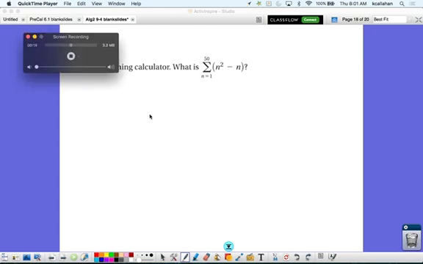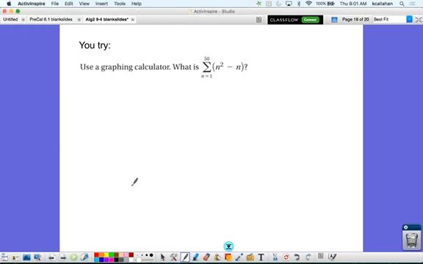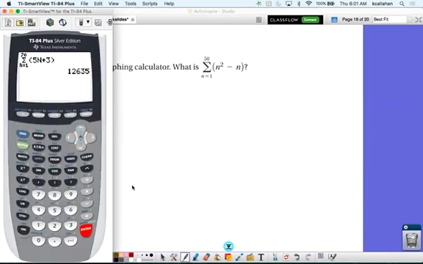Okay. So again, we're doing these with the calculator. Again, using this calculator, you find the sigma notation either under the math menu or alpha window.